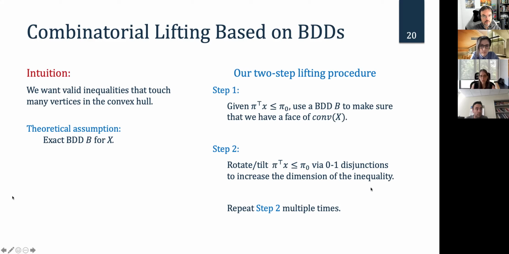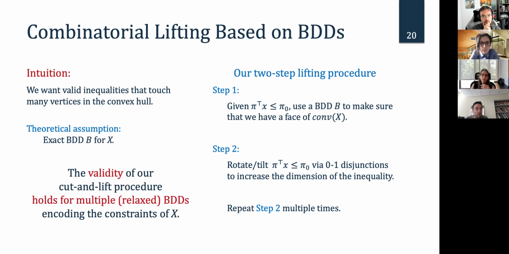But the main contribution is the other part: we have our constraint and we tilt or rotate it a little bit. I will show you how it looks in a few slides. This increases its dimension, which means we're touching more points, so the cut that we get is stronger. And we can repeat step 2 multiple times until we cannot do it anymore.